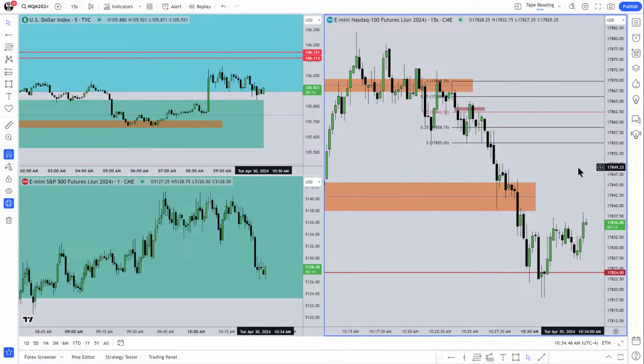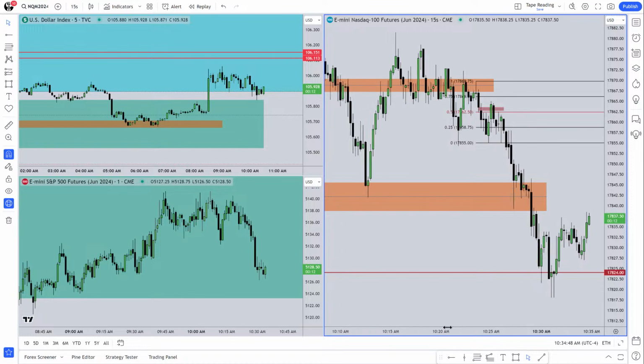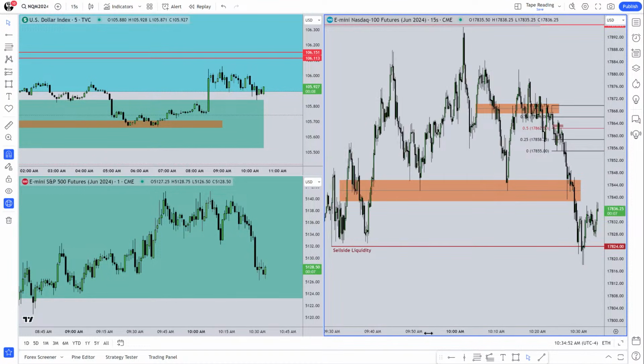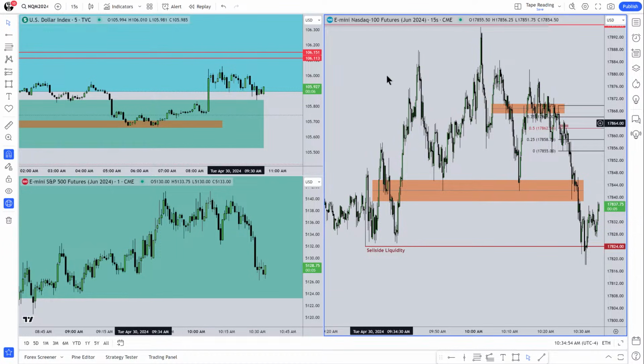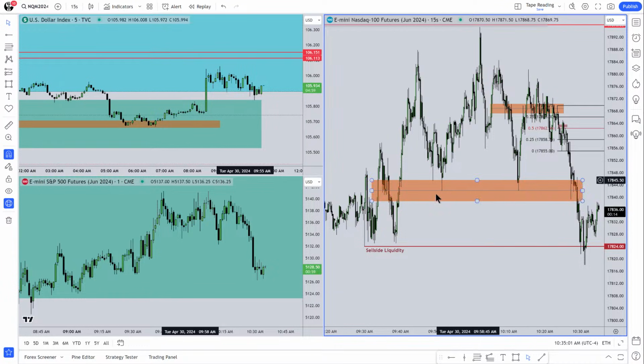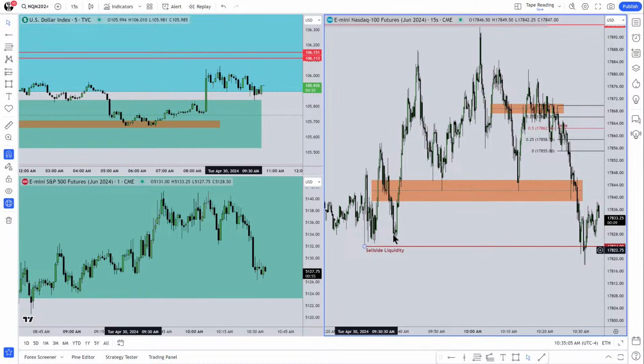And then as I was describing, everything for the session on this particular morning has been jagged. See how it's been up, up, up, up, up, up. And what was remaining? Smooth. Below here, these two lows, and below these lows here.